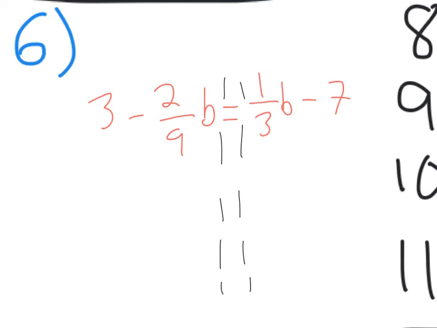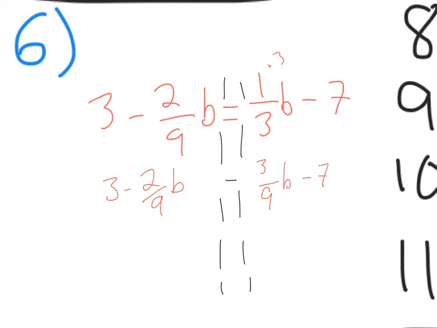I'm going to rewrite that fraction. 2/9 b. Now I can multiply 3 by 3 to get a 9 on the bottom, but whatever I do to the bottom, I have to do to the top. Since I multiplied 3 by 3 to make 9, I multiply the top by 3. So that new fraction is just 3 over 9 b minus 7.